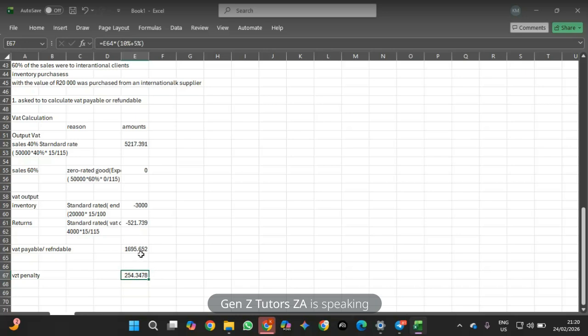Since you have been charged on 15% of the whole amount, your total debt that you owe SARS at this point is this amount, which was your penalty, plus the previous amount from the previous month, right?